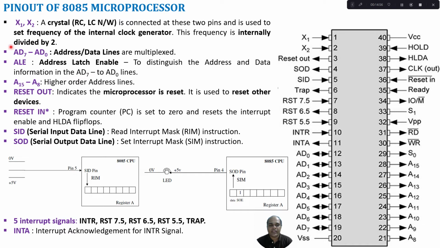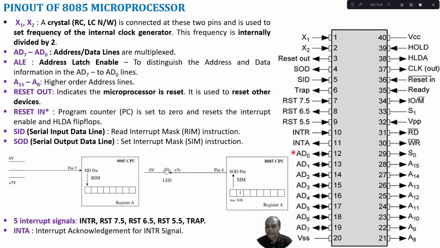Then we have this AD0 to AD7. So here you can see from pin number 12 to pin number 19 is AD0 to AD7. So this represents a multiplexed version of address and data lines. So the lower order address A0 to A7 is multiplexed with D0 to D7. So we use a common line or common pins for providing both address as well as data.